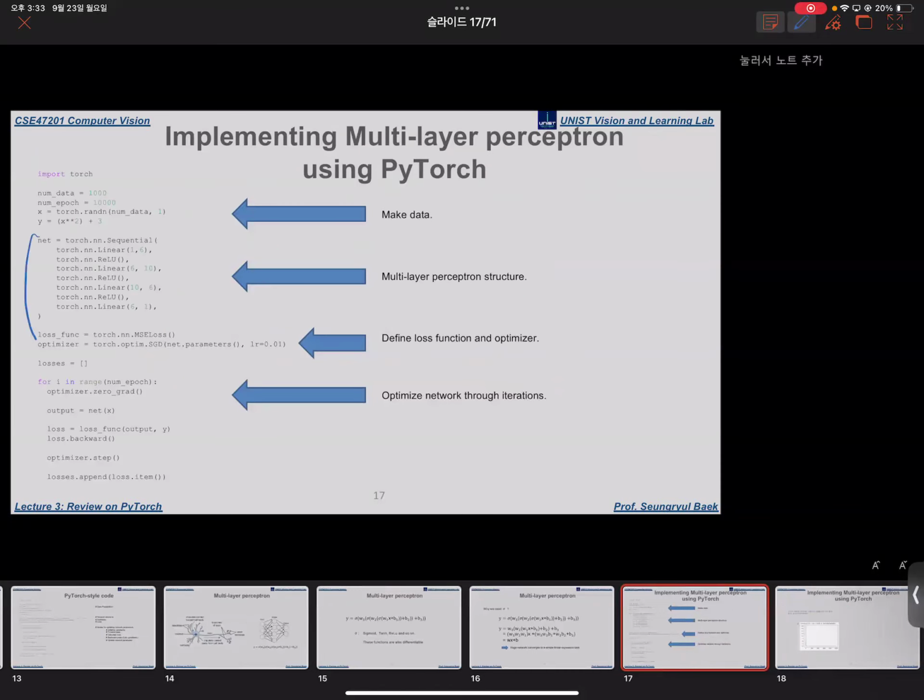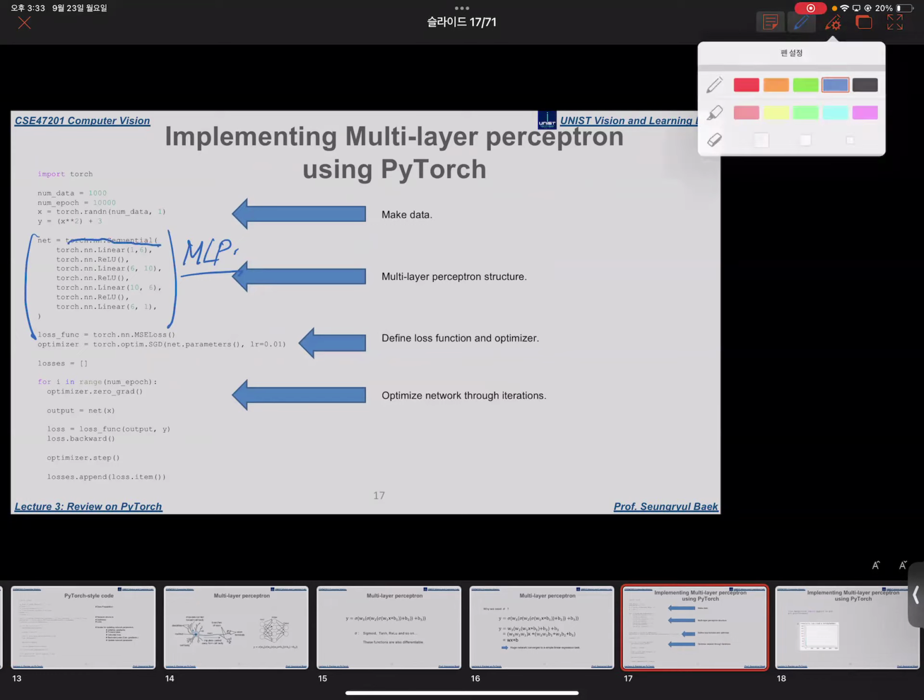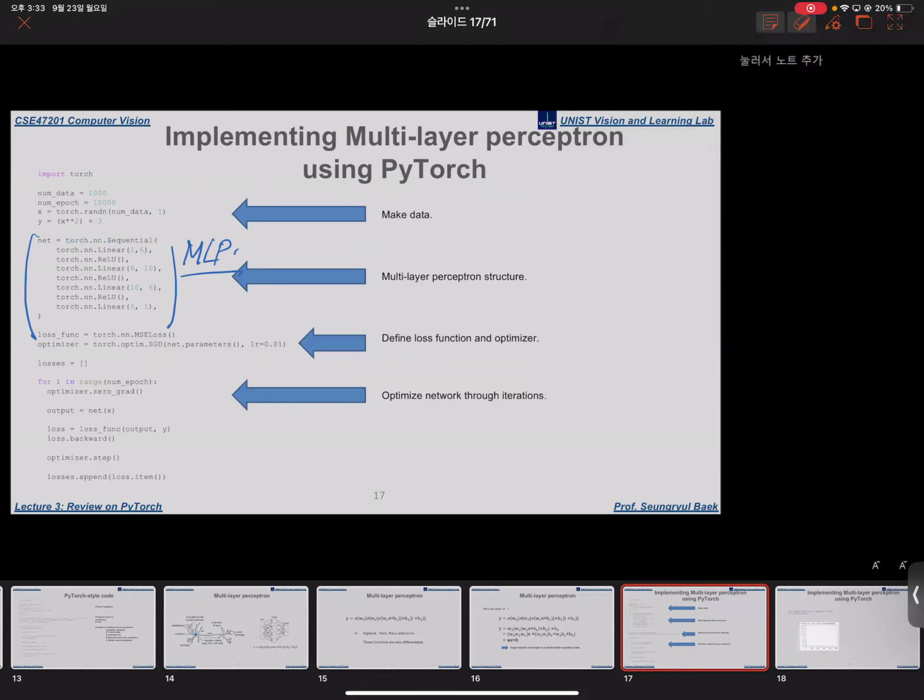And this is actually the MLP we can define in PyTorch. torch.nn.Sequential means we will stack multiple layers sequentially. This means we will stack multiple differentiable layers defined in PyTorch one by one. So we will stack firstly one linear and ReLU, one linear, ReLU, one linear, ReLU, and apply a final linear.